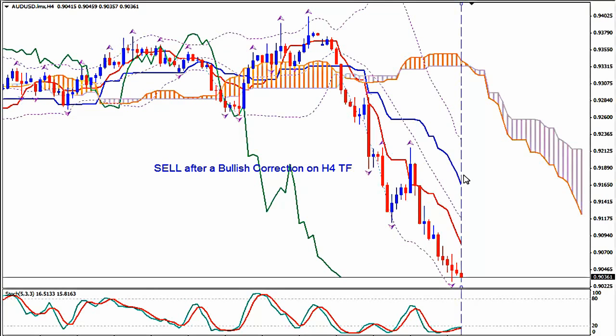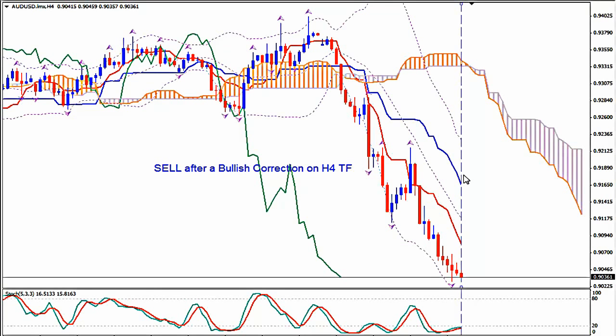So I can easily evaluate the time, the speed of the price action before I enter in the direction of the main trend.